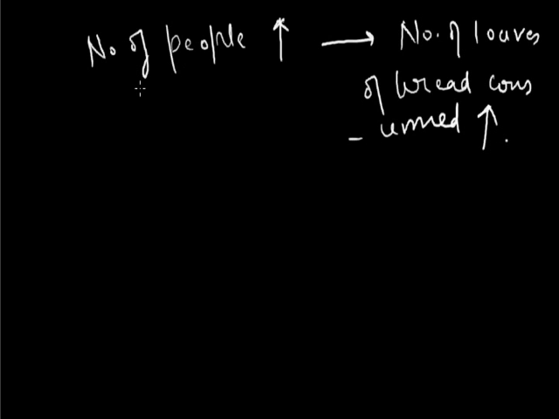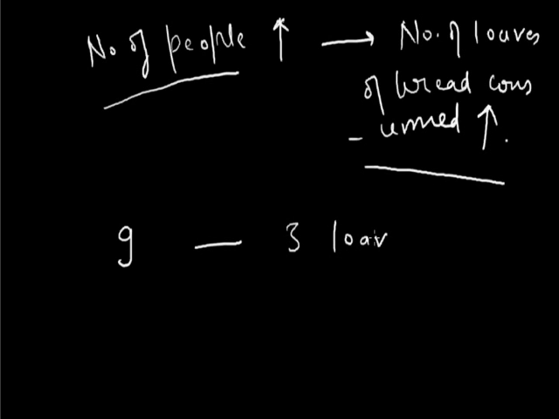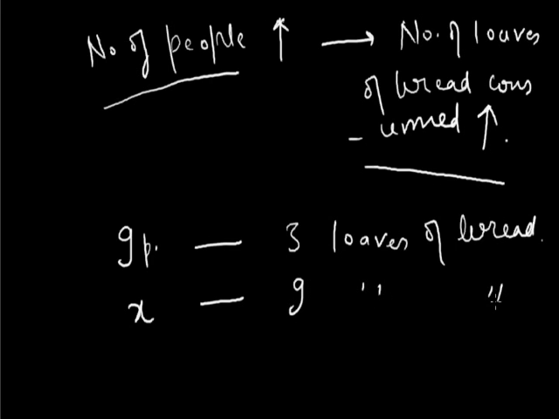This means these two quantities are directly proportional. So in the first case, there are 9 people and they consume 3 loaves of bread. In the second case, let the people be x and they consume 9 loaves of bread.